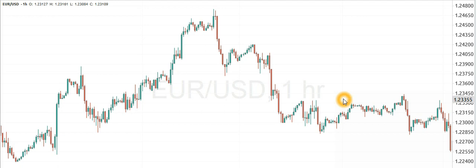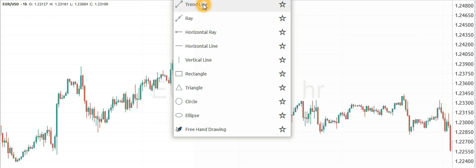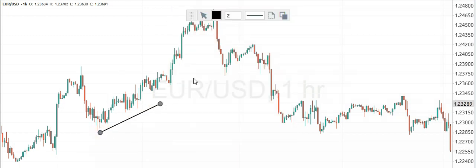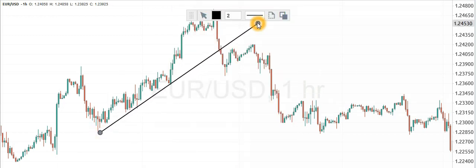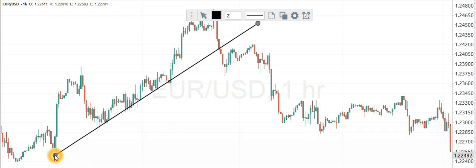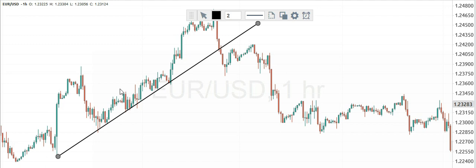Now, when the market moves, it moves in waves, and we can use trend lines to divide the market into a buy zone or a sell zone. So if I draw a line here, this section would be my buy zone. You would notice that once the market is above this trend line, it goes up, so my focus will be on buying.